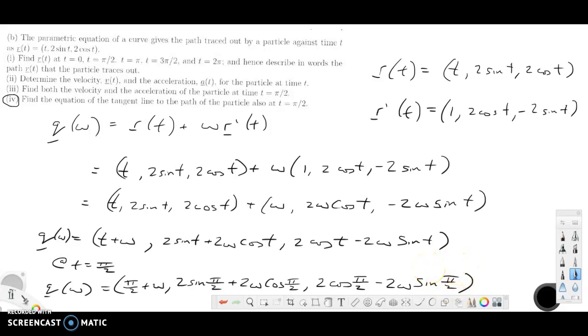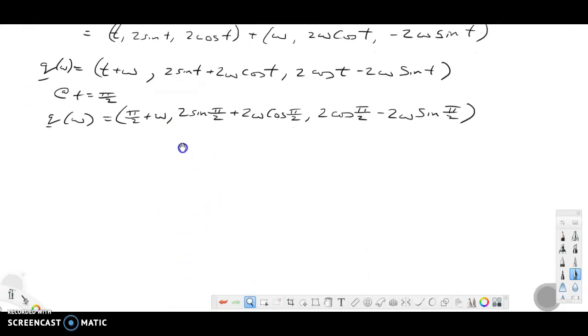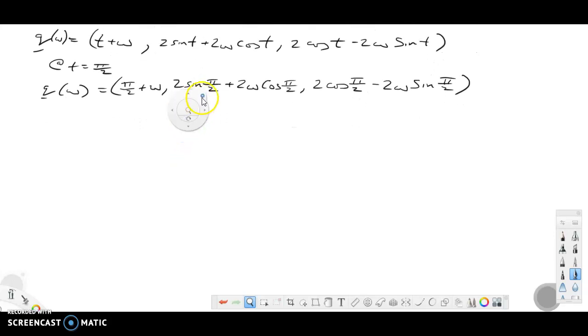And we're going to tidy that up a bit further because we can work out values for sine pi over 2. If we go to page 13 on the tables, it's handily laid out there.